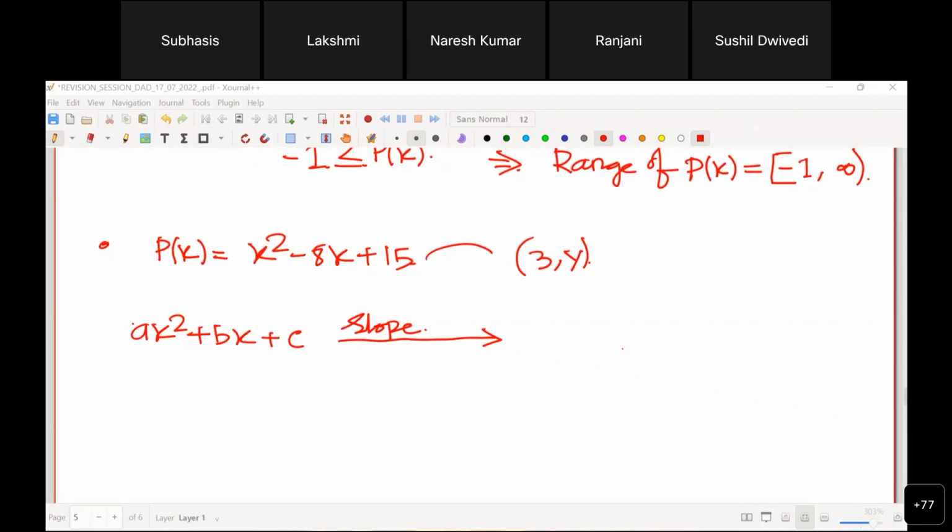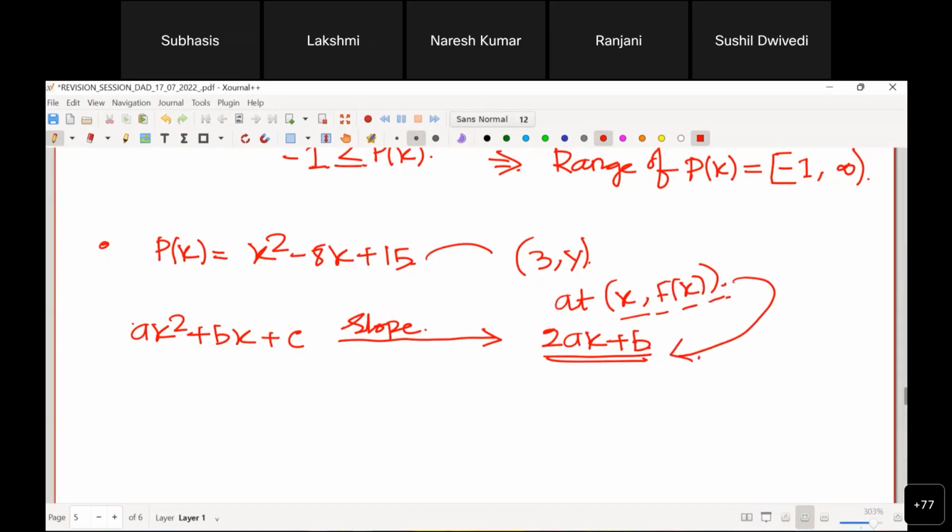If you differentiate, so you are using the word differentiation, what will you get? You will get 2ax plus b, right? At point x comma f of x, the slope of the parabola is precisely 2ax plus b.